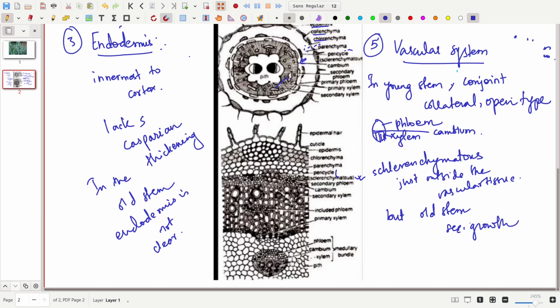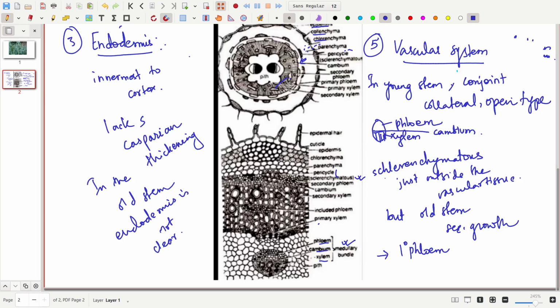In the old stem, the vascular system consists of primary phloem. You can see here the primary phloem, cambium and xylem. This is the medullary bundle, which is conjoint, collateral and open type.